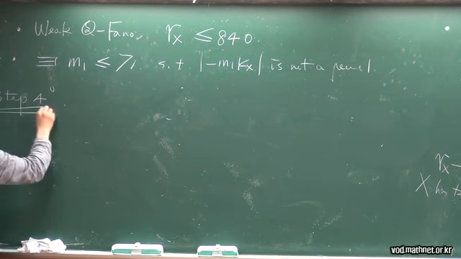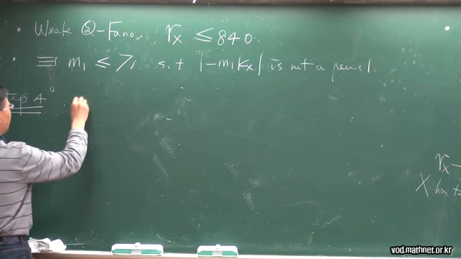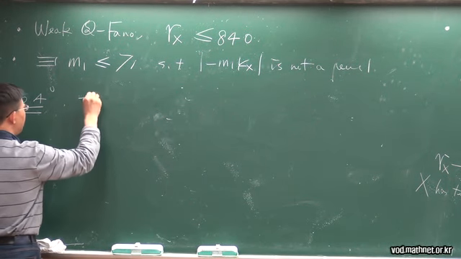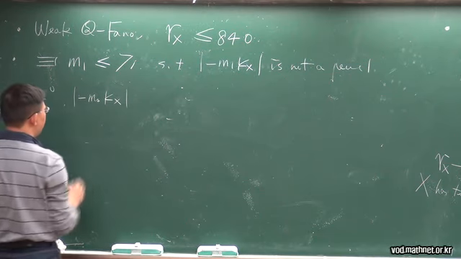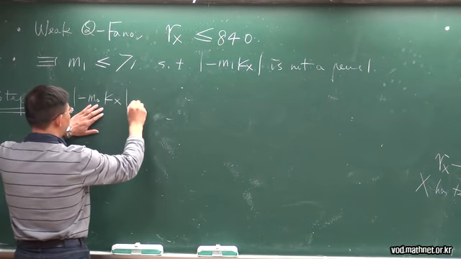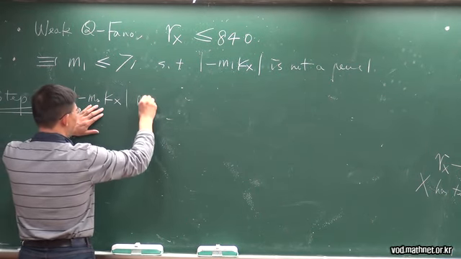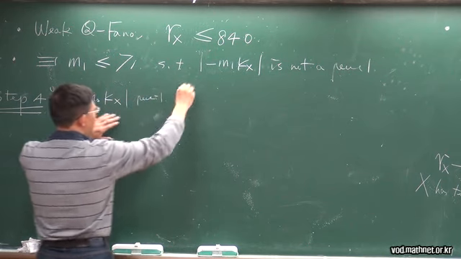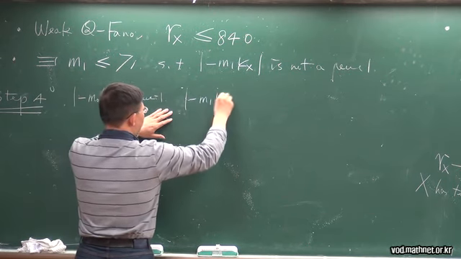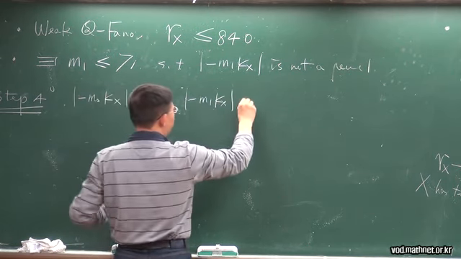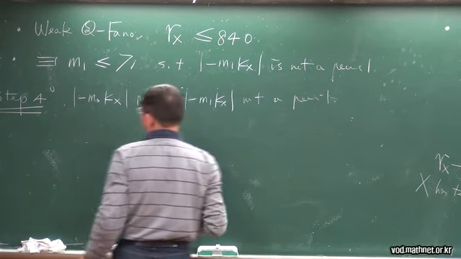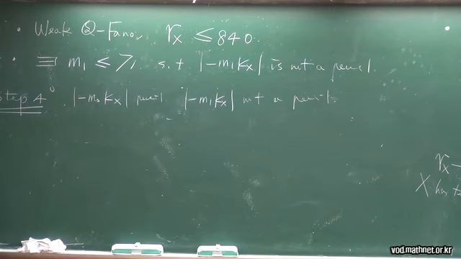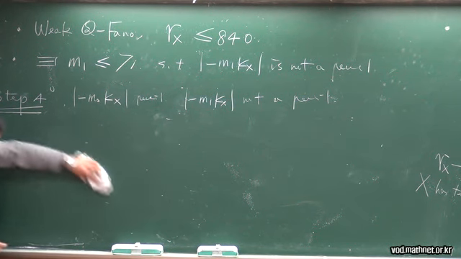So step 4, as I said, we have m naught. We have minus m naught Kx, this is a pencil, and minus m1 Kx, this is not a pencil. So we do it this way.